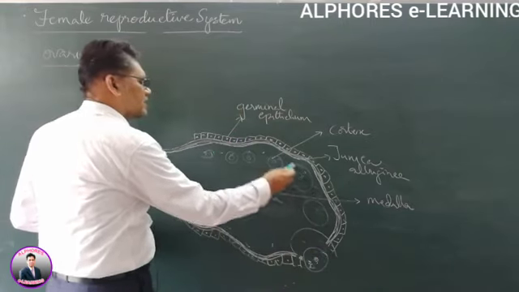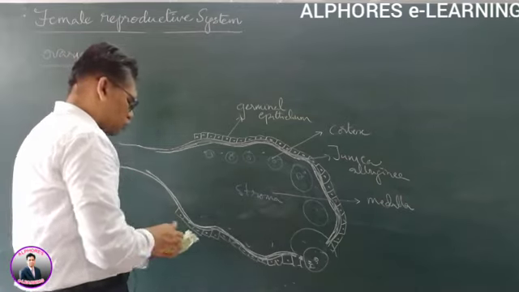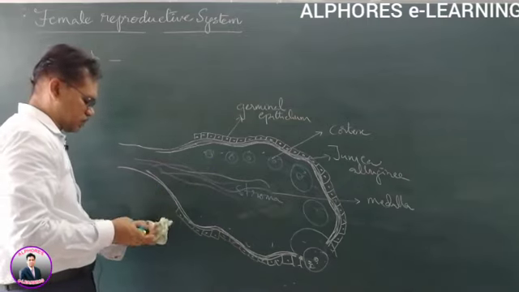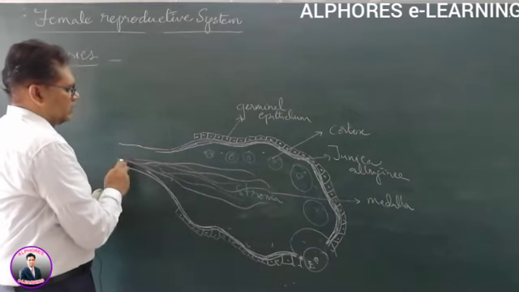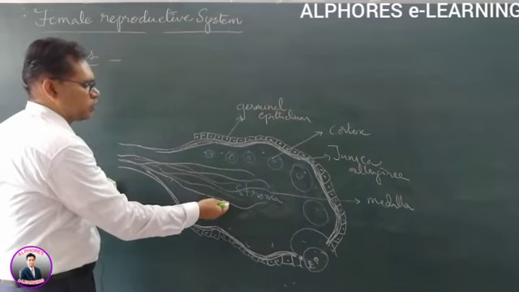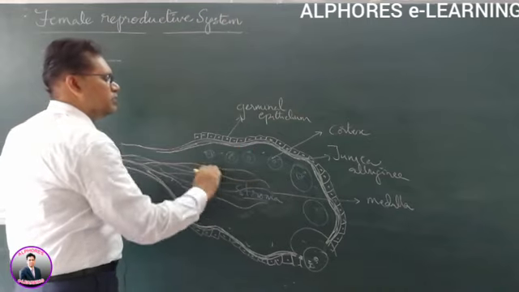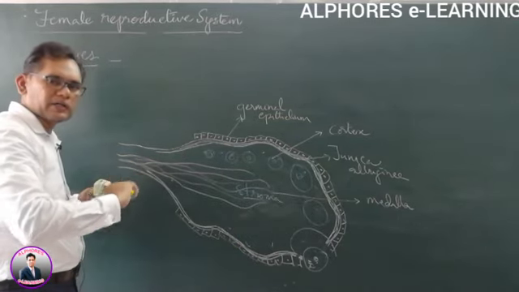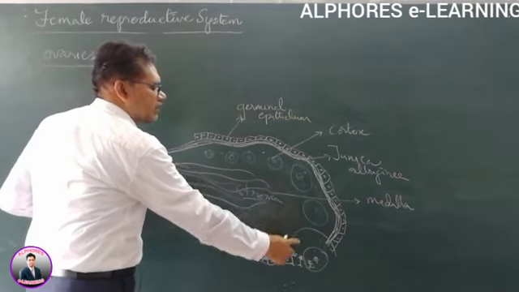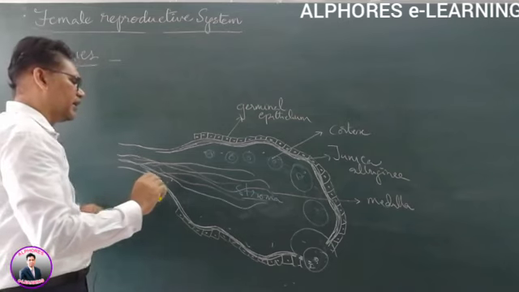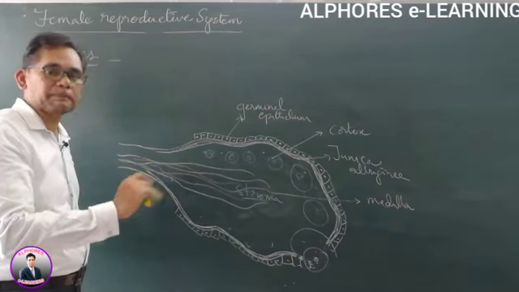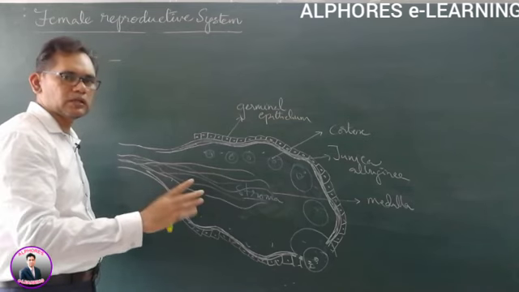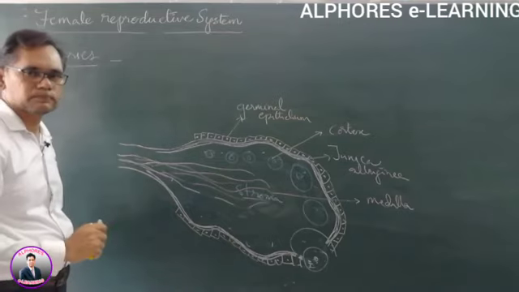These ovarian follicles are present in the cortex region, whereas the stroma's inner part consists of blood vessels, lymph vessels, along with nerves. This part is the medulla. The entire stroma is differentiated into the outer cortex and inner medulla. The outer cortex is granular and has a large number of Graafian follicles at different stages of development, whereas the inner medulla consists of blood vessels, lymph vessels along with nerves.